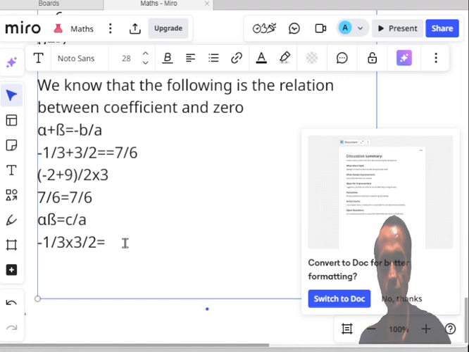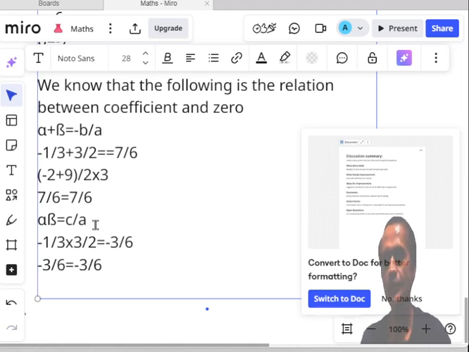So this should be equal to minus 3 by 6. Is it so? Yes, it is. On the left hand side, if we multiply, we get minus 3 by 6. So the relationship between the zeros and coefficients of the polynomial is verified.